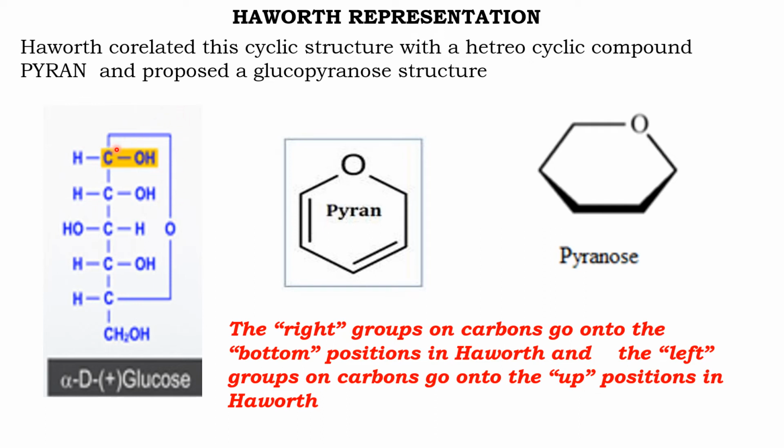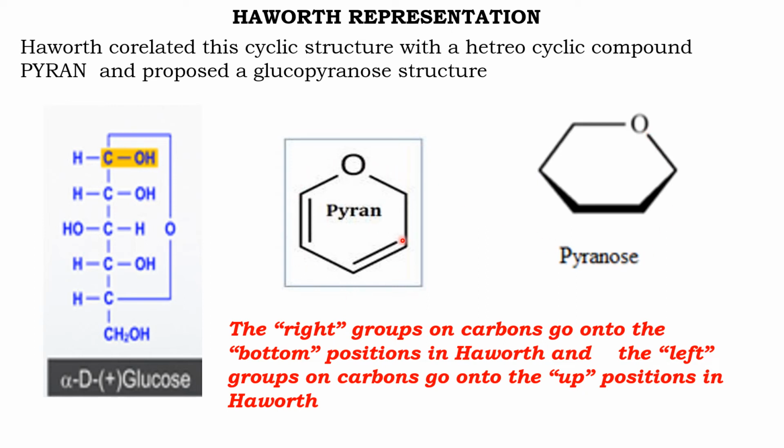So when I represent this molecule in the pyrano structure, the atoms or group of atoms present on the right hand side, OH, OH, H and OH, are at the bottom position of this particular ring, while the H, OH, H and H, these are the atoms or group of atoms present on the left hand side. They come above the plane of this particular ring.